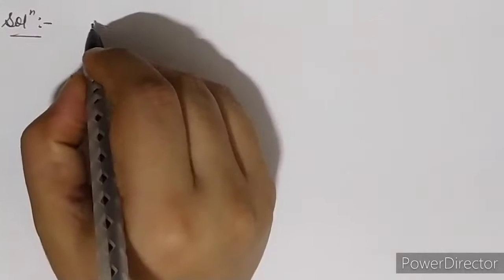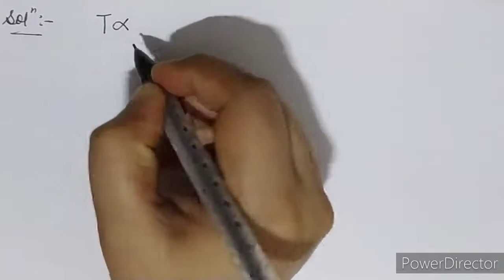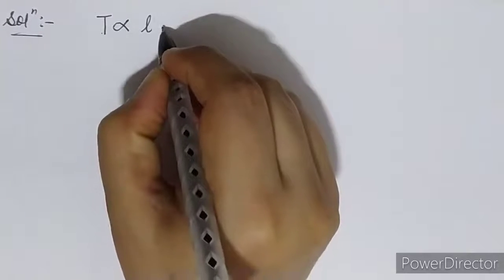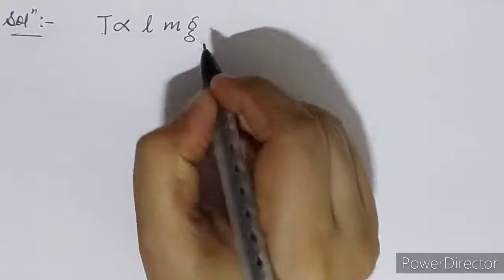So we have to calculate the time period T, and the quantities on which it depends we write with the directly proportional sign: the time period depends upon the length of the string, mass of the bob, and acceleration due to gravity.